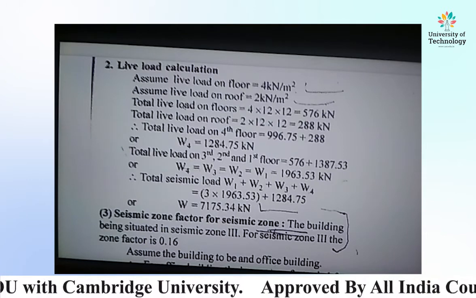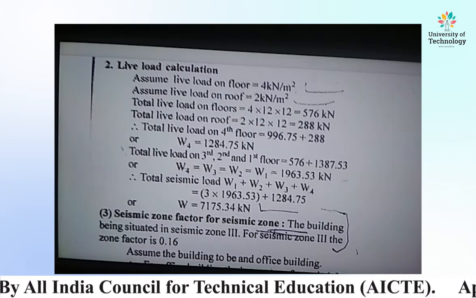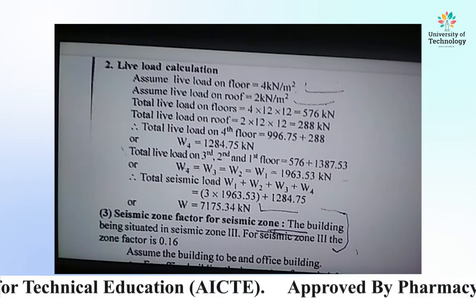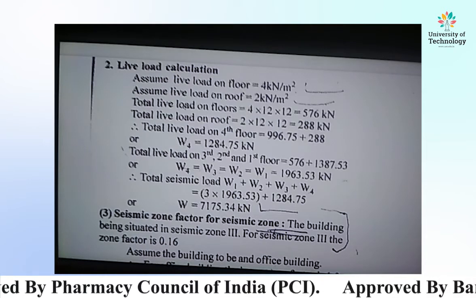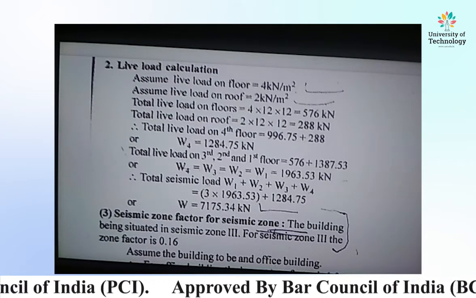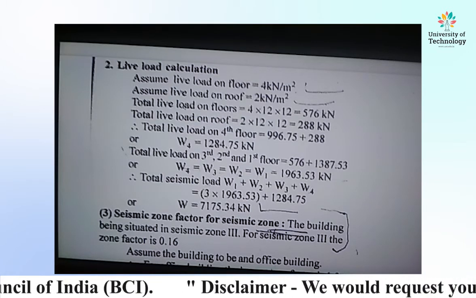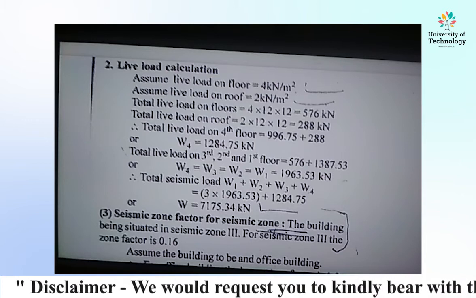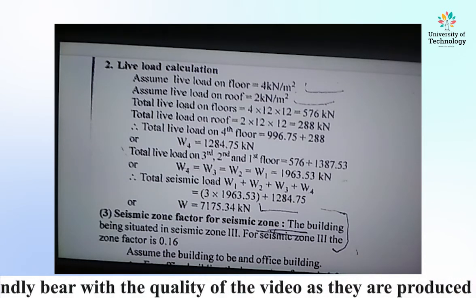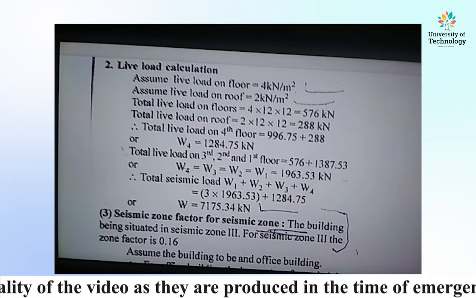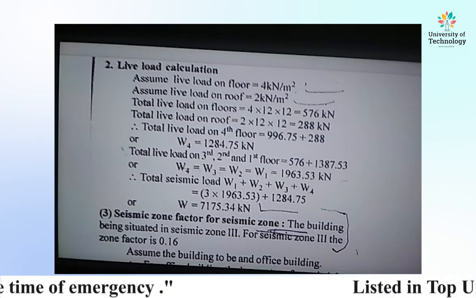So the total live load on the fourth floor is the summation of these, 966.75 plus 288, denoted by W4, and the total live load on the third, second and first floor is 576 plus 1387.53. Okay, because the roof only we will assume as the fourth floor, and another story is taken as floors.